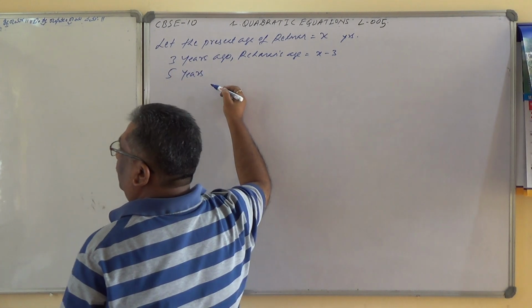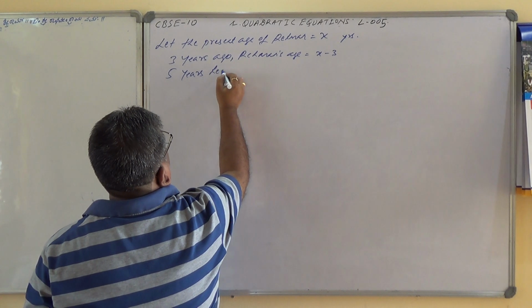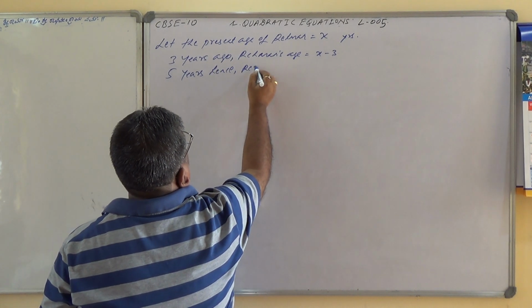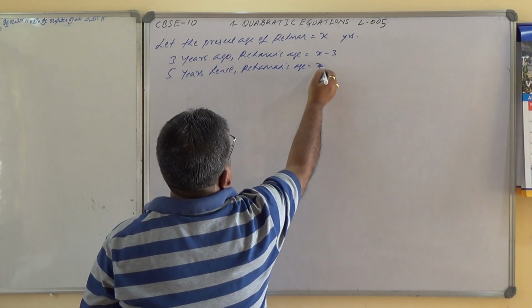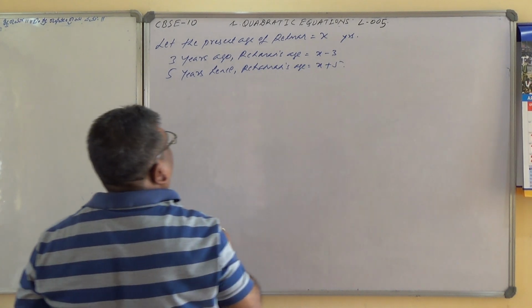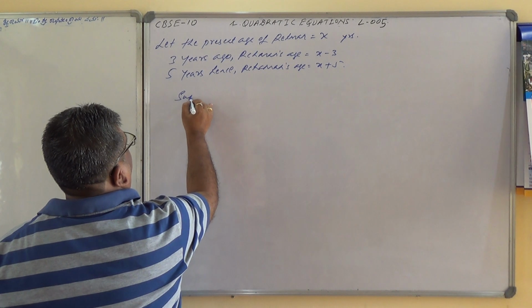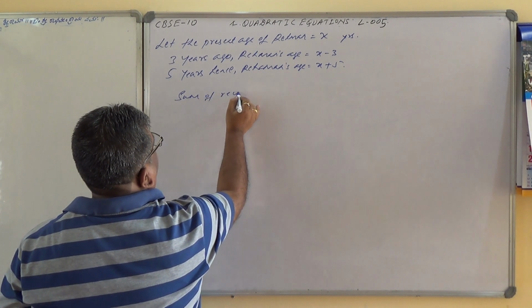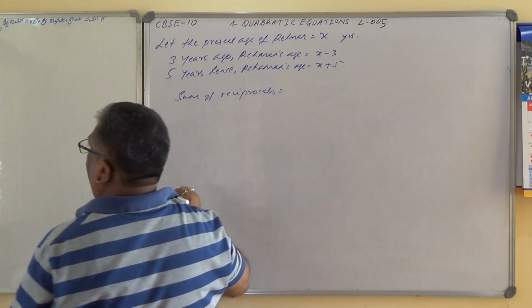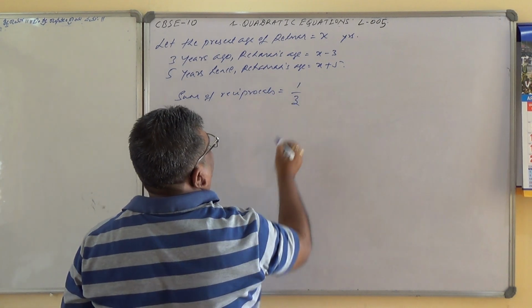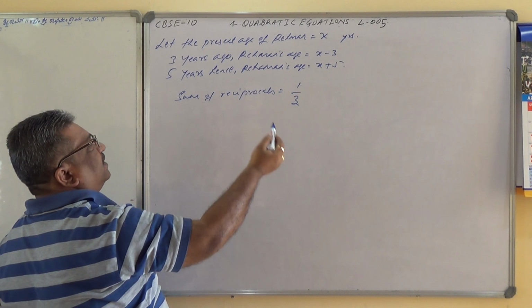Five years hence, Rahman's age equals x plus 5. Sum of reciprocals equals 1/3. Quite simple. Sum of the reciprocals of his age.